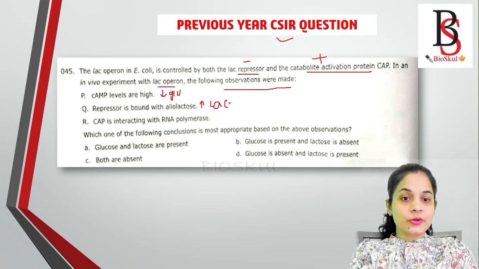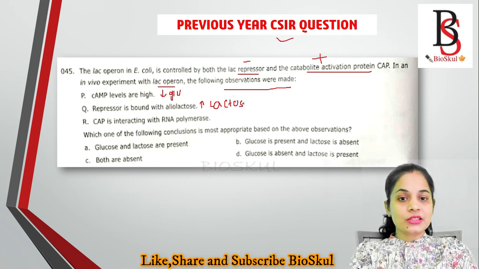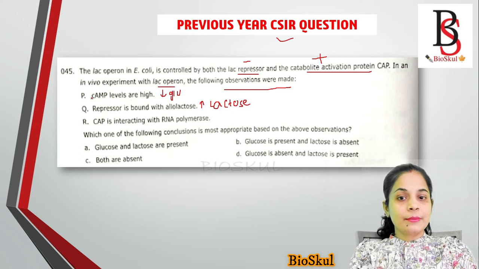If the lactose is present, then beta galactosidase forms allolactose. CAP is interacting with RNA polymerase. Cyclic AMP level high means cyclic AMP will bind to the CAP protein and it will interact with the RNA polymerase. That shows the absence of glucose or low concentration of glucose.